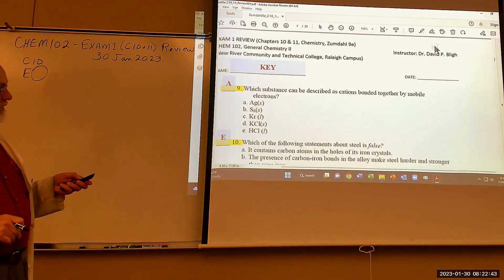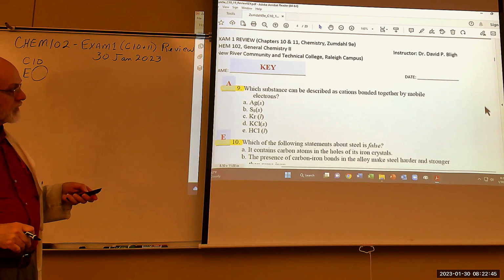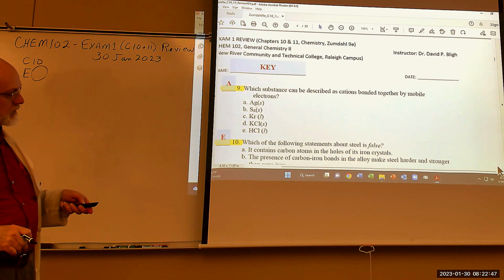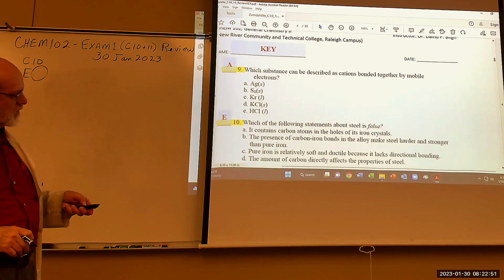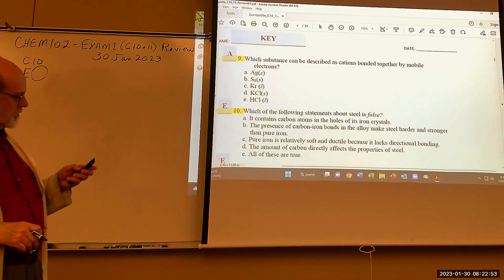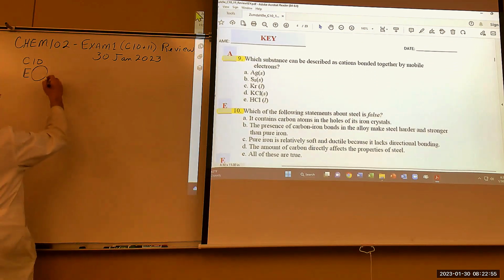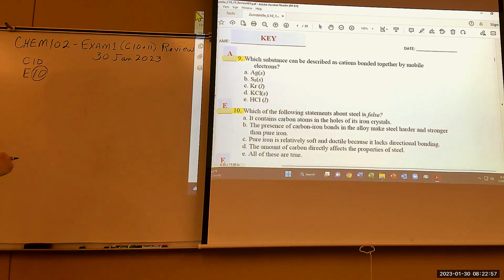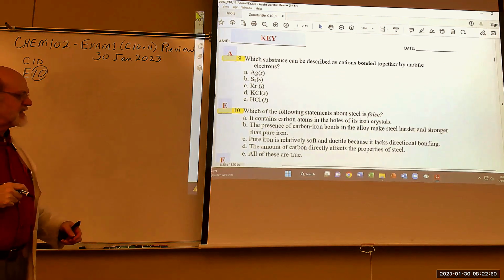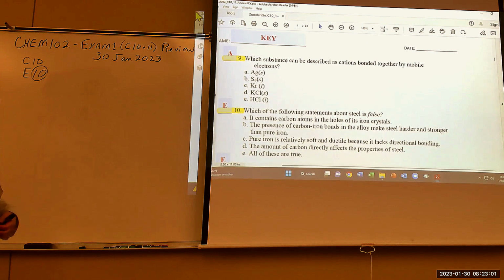Let me see here if I can scroll a little bit. Yeah, there we go. 10. Which of the following statements about steel is false? All right, so we have to look at each one.